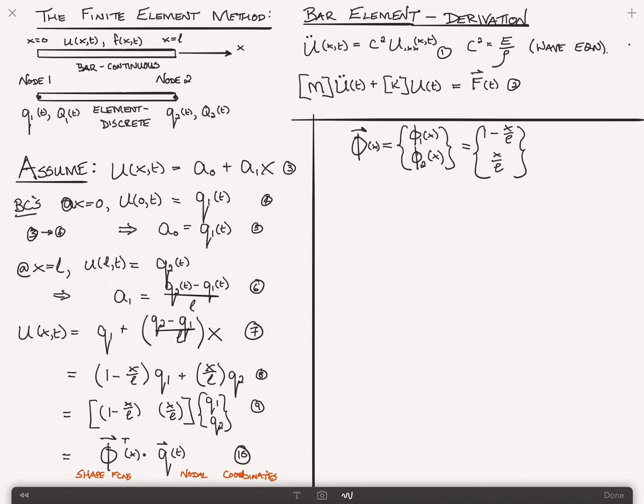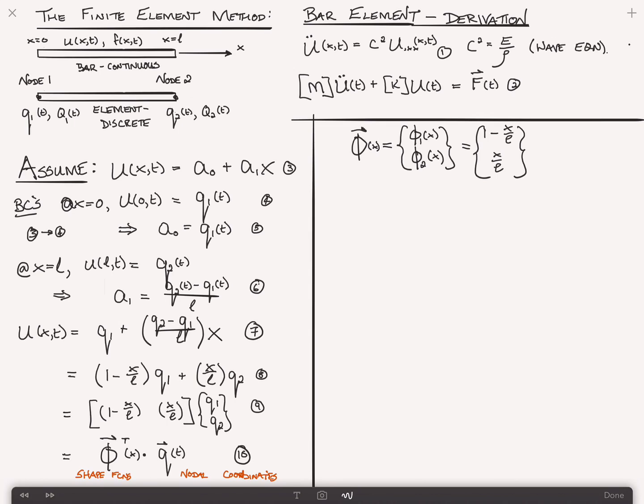The shape functions satisfy the requirement that they're 1 at their own node and 0 at other nodes. So shape function phi1, at x equals 0, is 1, and at x equals L, it's 0. And similarly with phi2, at x equals 0, that is 0, and at x equals L, it's equal to 1.